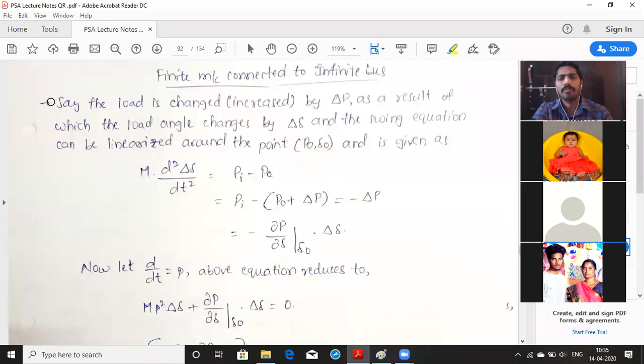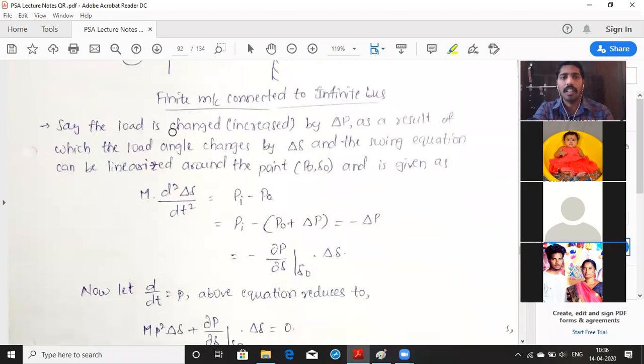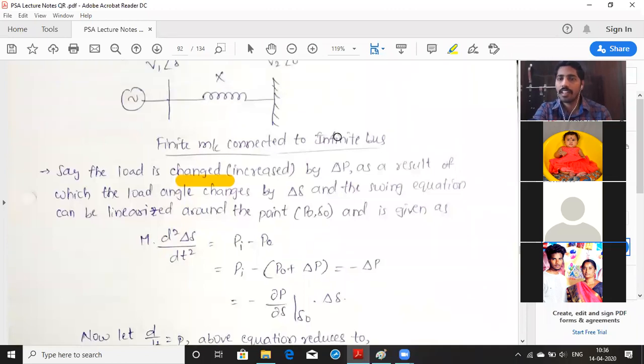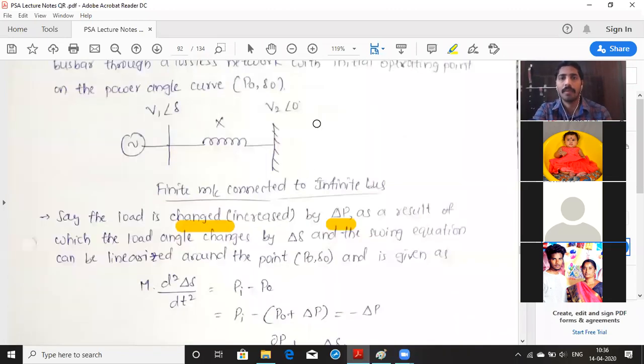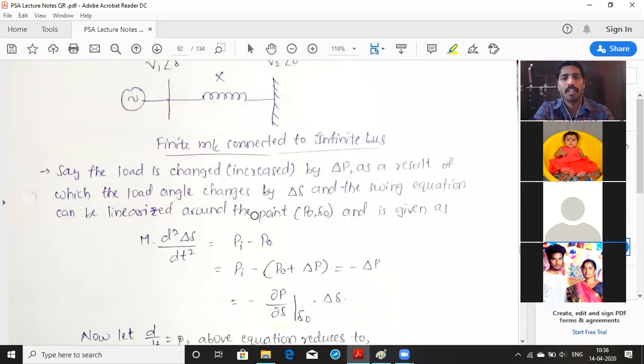Now suddenly, let us take an example where the load is increased. When the load is increased, we denote the change as delta P, which is the change in active power at the load side. We want to find out how the machine behaves in terms of stability, that is, how the active power changes with respect to the change in delta at the synchronous machine.